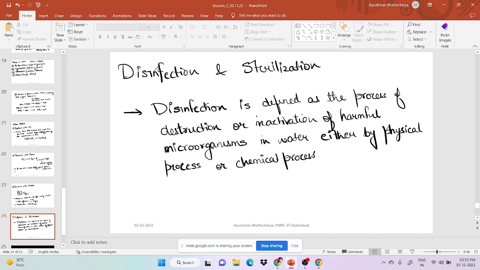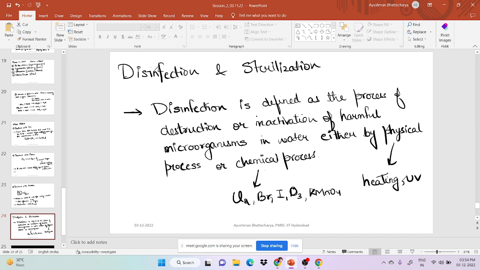The physical process includes heating and ultraviolet radiation, and the chemical process includes the usage of chemicals such as Cl2, bromine, iodine, ozone, and KMnO4, which we discussed just now. Some alkalis and acids are also used in the chemical process.